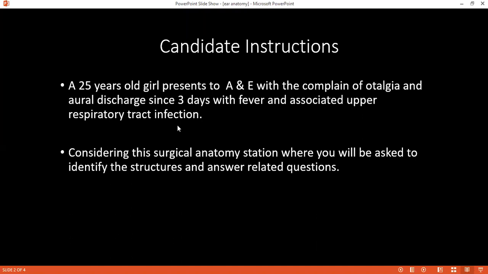So how does the infection reach the middle ear? It spreads through the eustachian tube to the middle ear. Yes. And from there it can go by involving mastoid air cells. Okay, madam. This is what I wanted to know.